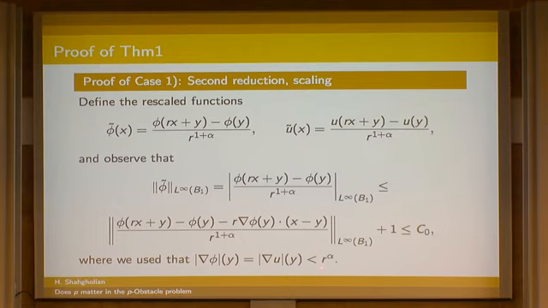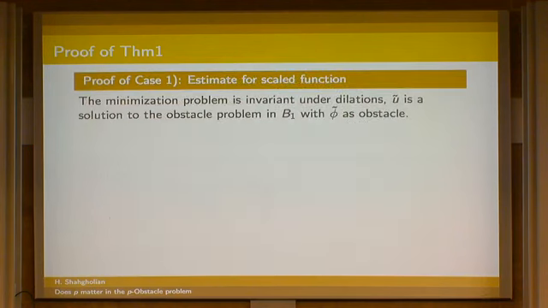So I'm going to get exactly this estimate. Once you have this, you notice that you have invariance under scaling, and it means that u tilde is defined; we solve the p-obstacle problem again with this obstacle now.